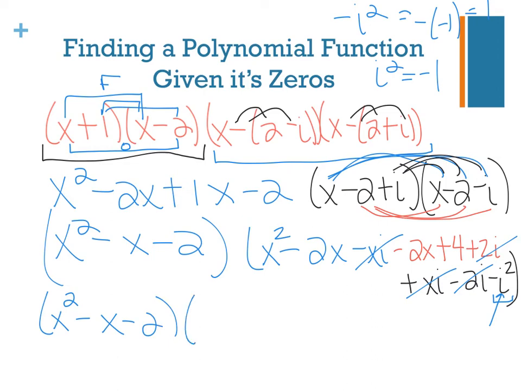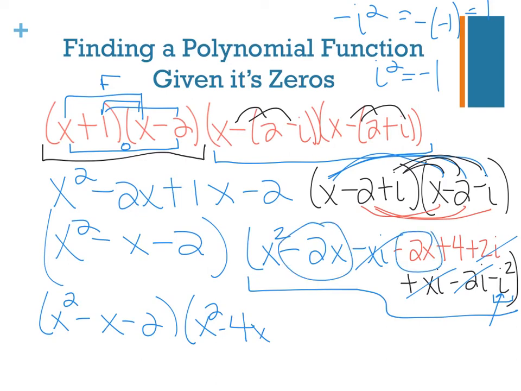And times, in this set of parentheses over here, we get x squared minus 2x. I can combine some like terms there: minus 4x, because the negative 2x and negative 2x can be combined.